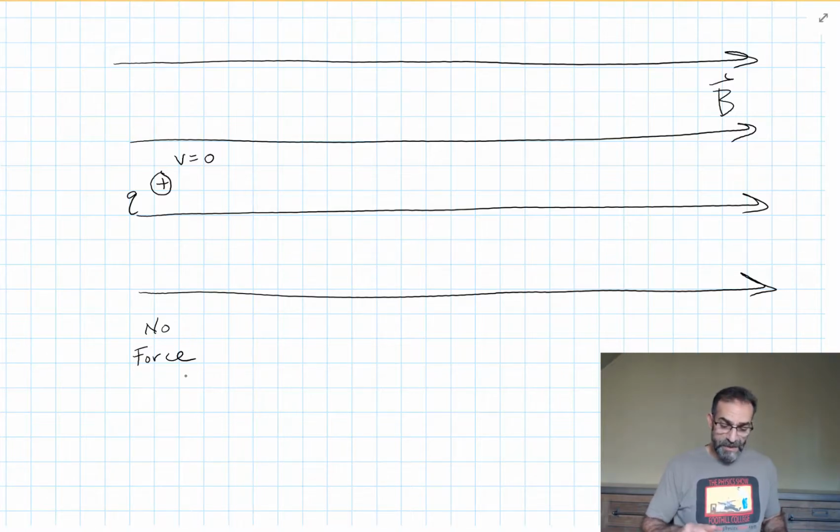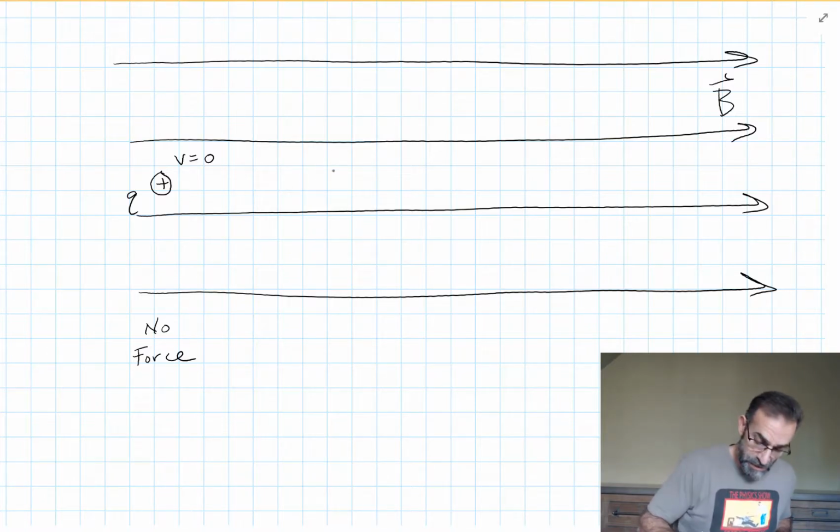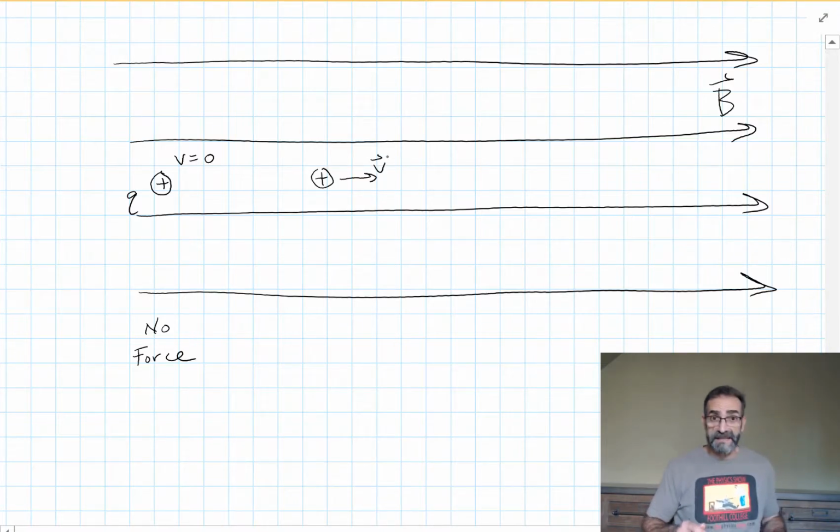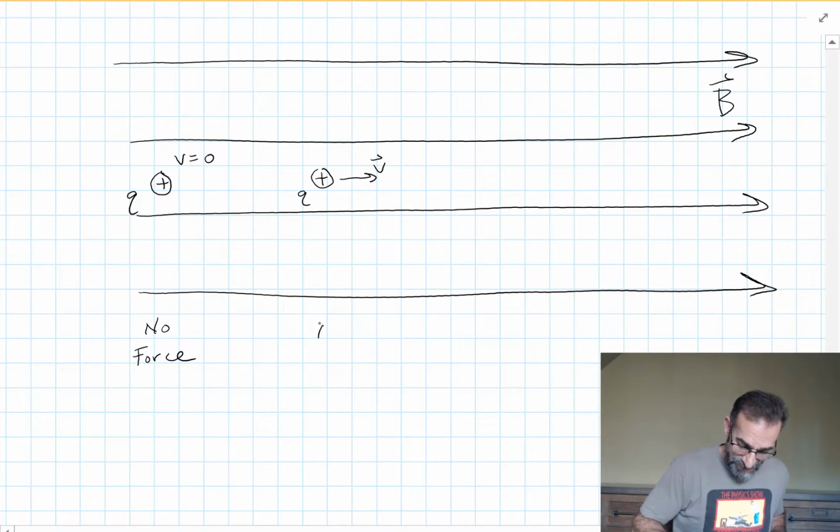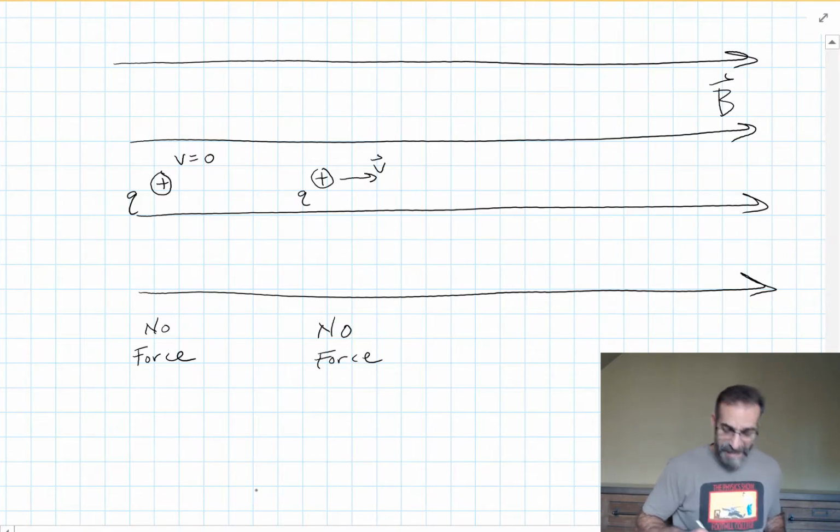Now, if I take that particle and I give it a push, so it has some velocity, it turns out there is no force on that particle from its interaction with the magnetic field.